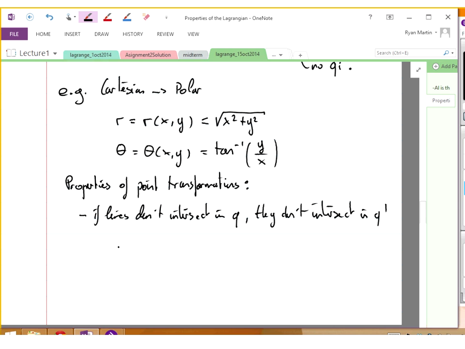And then the other thing is infinitesimals are preserved.